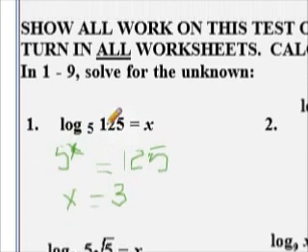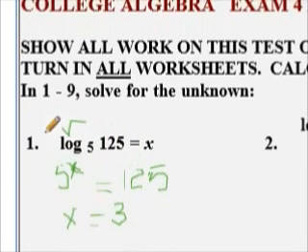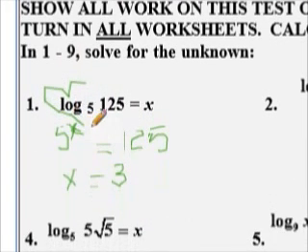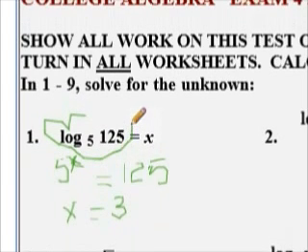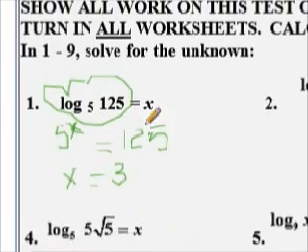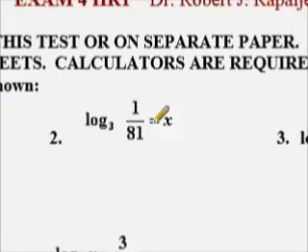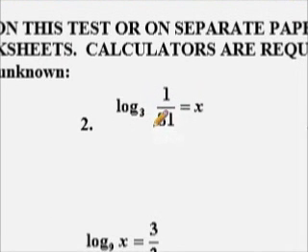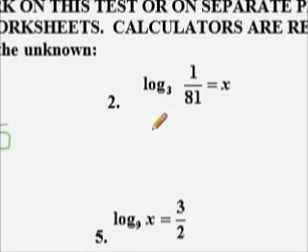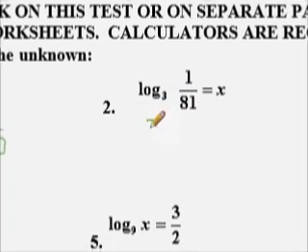Remember, this is like a question. We ask, to what power do I need to raise the base in order to get 125? The answer is 3. Now here the base is 3. The same is true. To what power?